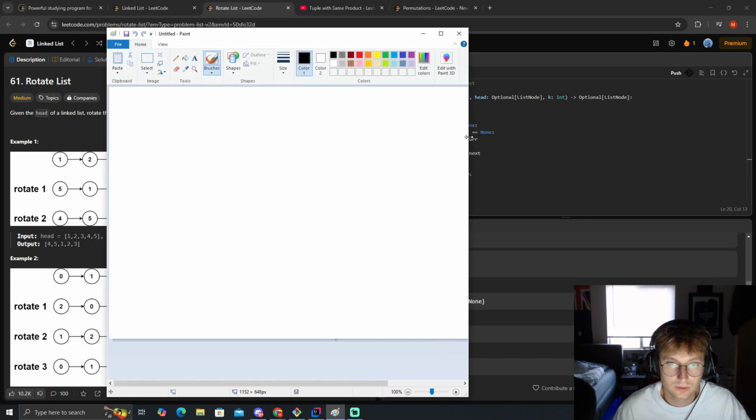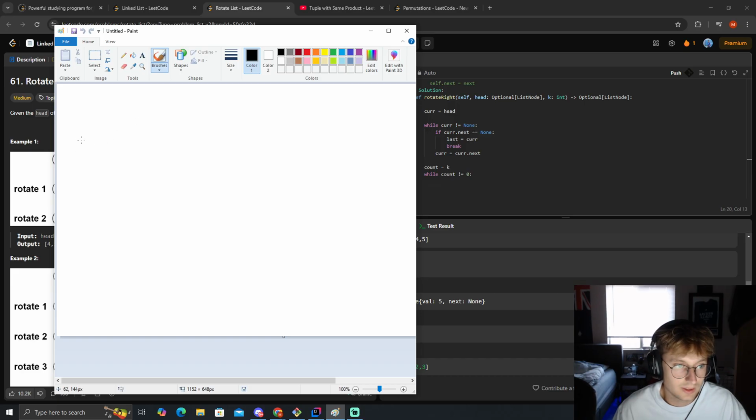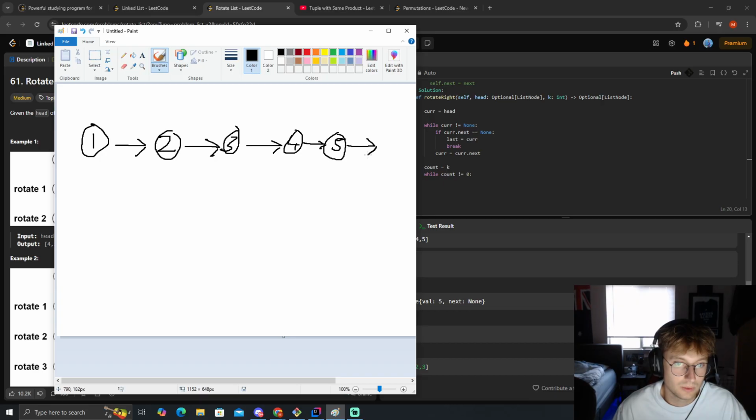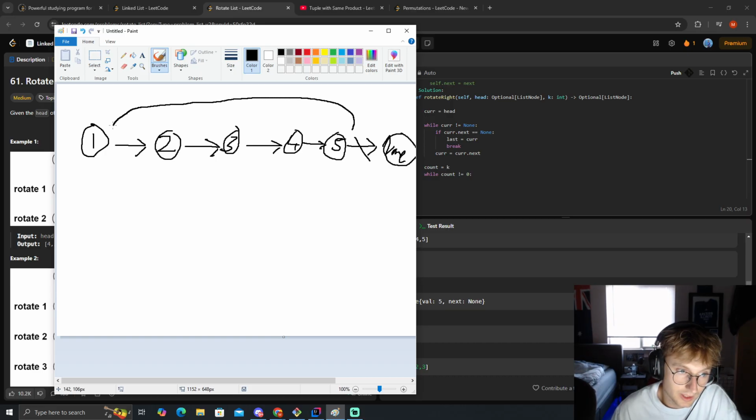So technically, we have our head is equal to this, 1, then 2, 3, 4, 5, and we're pointing to a none here. So we need to change this pointer, break this pointer, move this pointer equal to head.